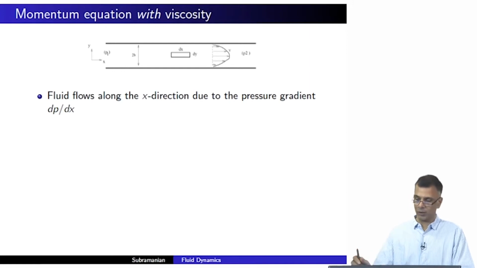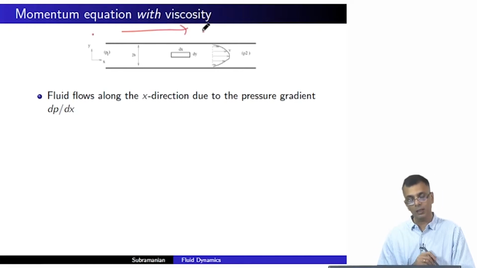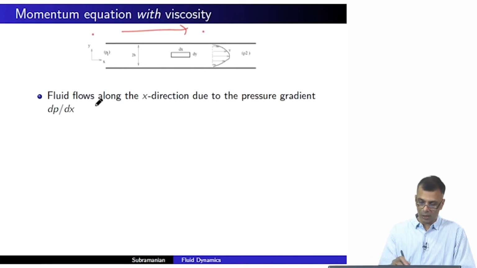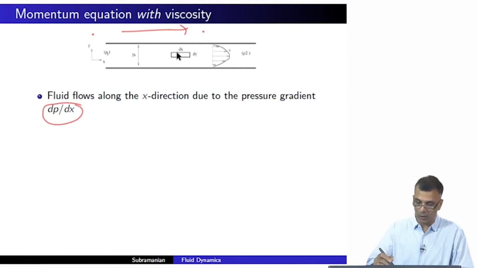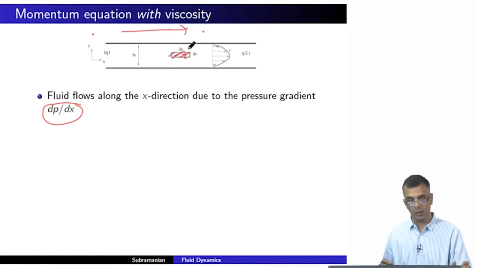So if for instance the fluid is flowing in this direction, it would be because the pressure here is larger than the pressure here. In other words, there's a non-zero dp/dx. So this would be one kind of force, and this would have to be balanced by another kind of force if the net force on this fluid element here is equal to 0, right?